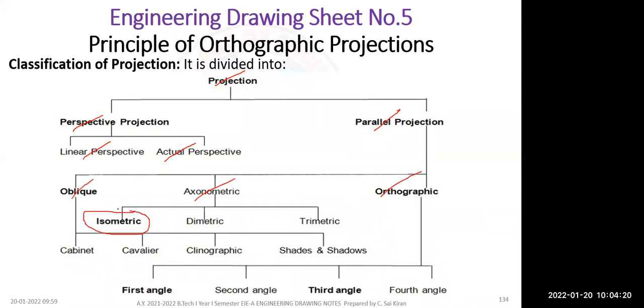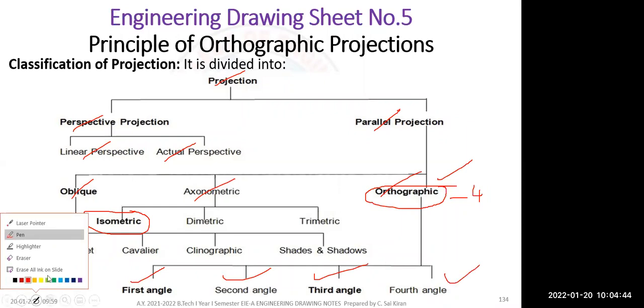So in the 5th unit, you will find converting an object from isometric to orthographic, and orthographic to isometric. Okay. Next, we are discussing orthographic projection. Orthographic projection is again divided into 4 types: first angle method, second angle method, third angle method, and fourth angle method.